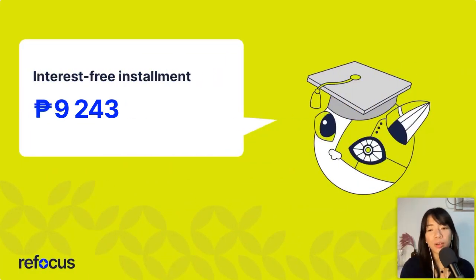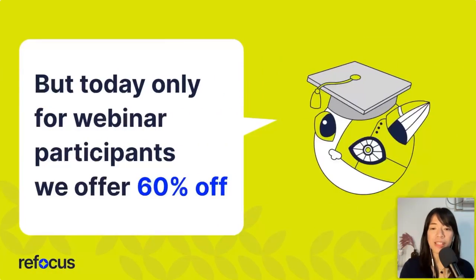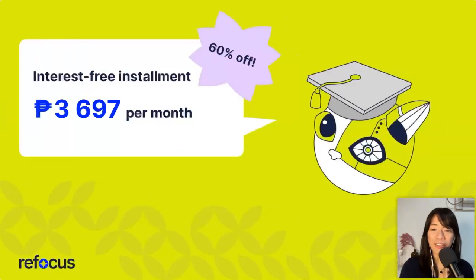So our regular course fee is at this price, which is payable for 12 months. But I did promise a special discount for our webinar participants today. Okay, so it's at 60% off. So now our course is at this price, which you will be paying per month for 12 months. Okay, so it's at this price per month for 12 months.